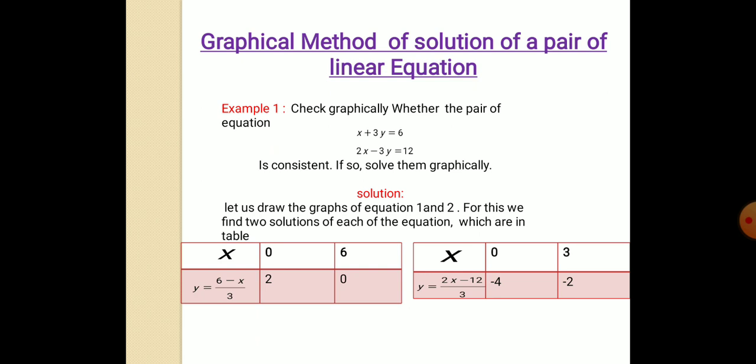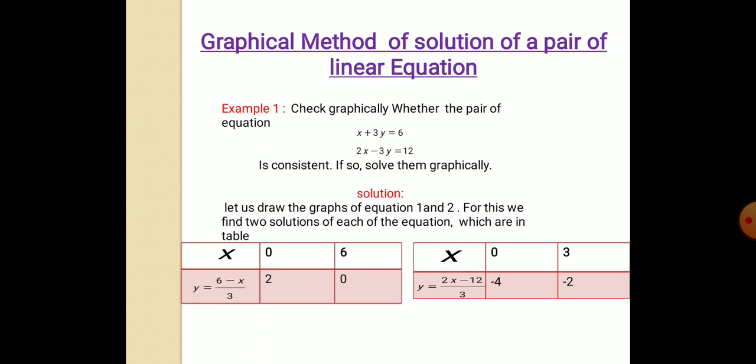For this we find two solutions of each of the equations, which are in the table. When we take x equal to 0 in equation 1, y equal to 2, and when x equal to 6, y equal to 0.